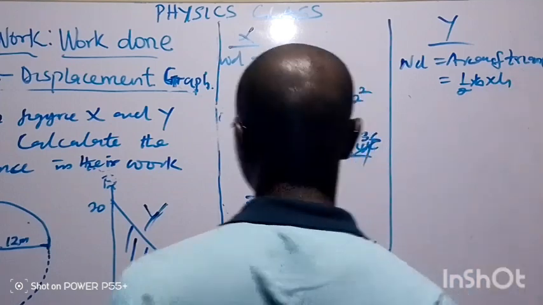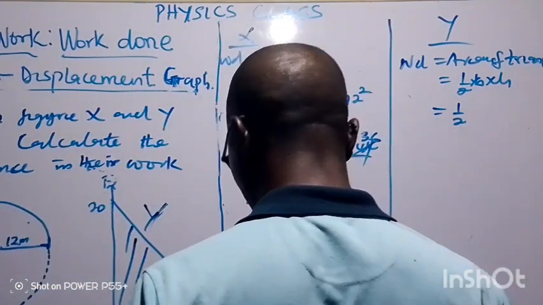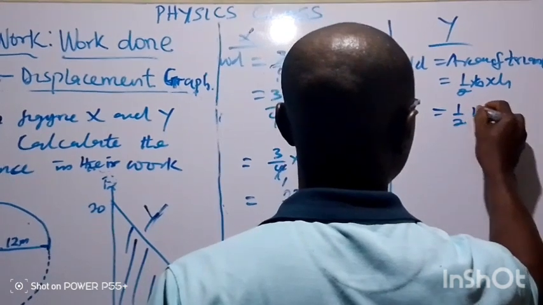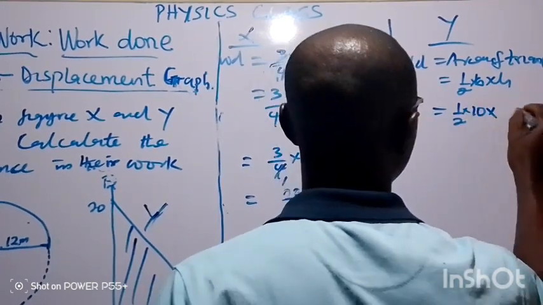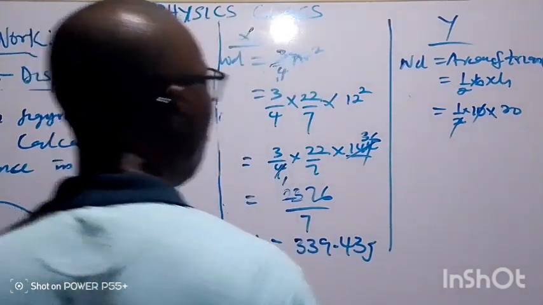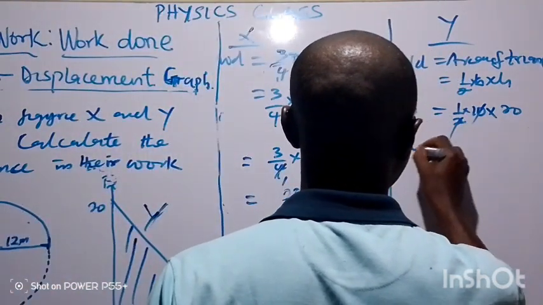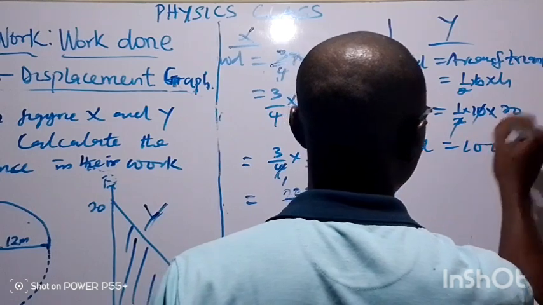According to this diagram, that's half multiplied by 10 multiplied by 20. That's 2 here, 2, that's 5. 5 multiplied by 20, the work done will be equal to 100 joules.